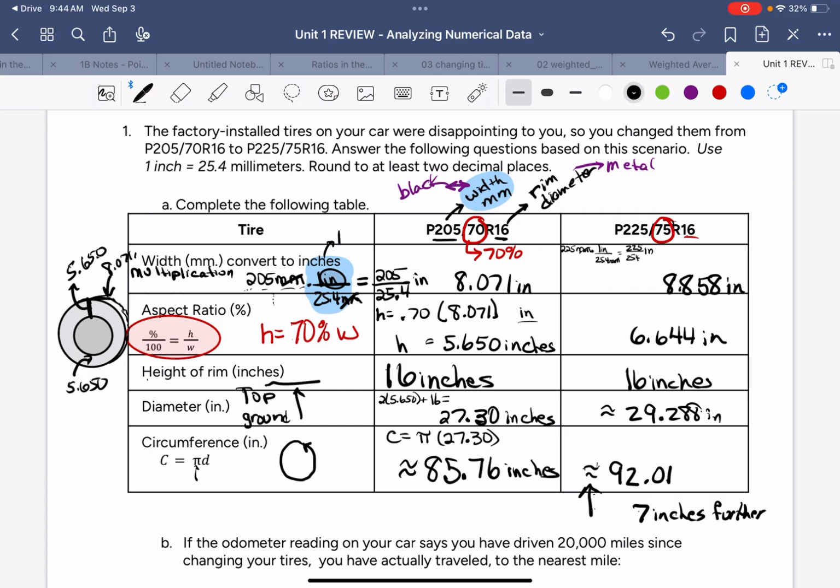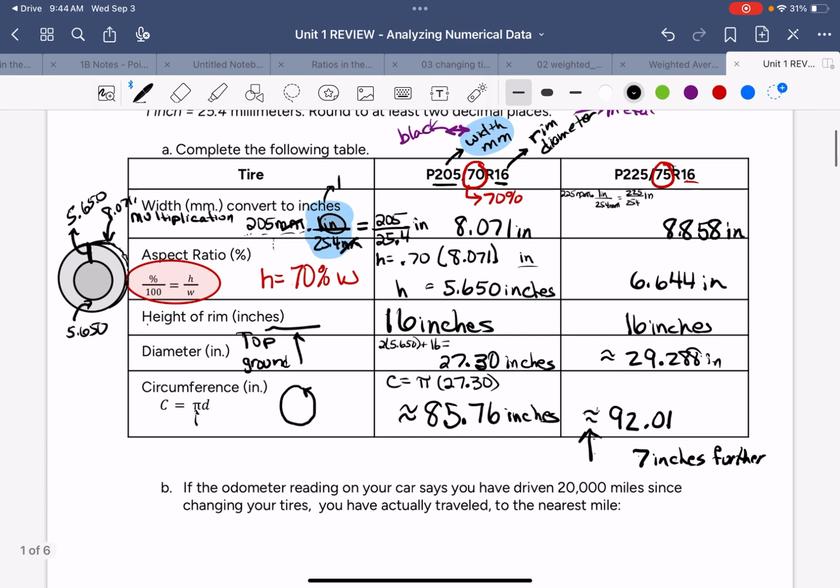But if we're driving 20,000 miles, do we want to stop and calculate how many times it went around? No. So what we want to think about instead is something that if it's 7 inches and 7 inches and 7 inches, what we're really doing is we're figuring out within a multiplication what percentage higher. And so that's what we want to know.